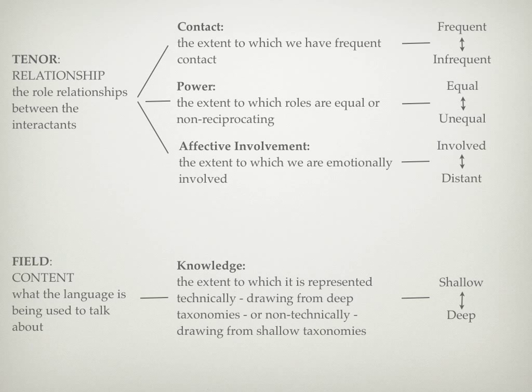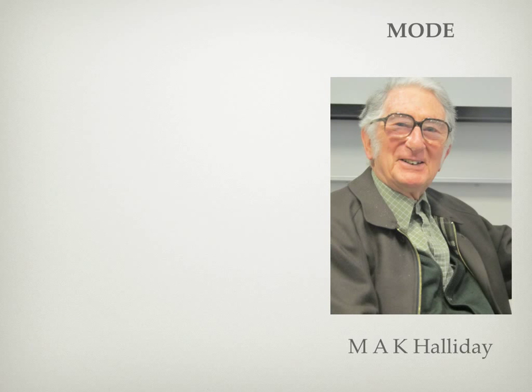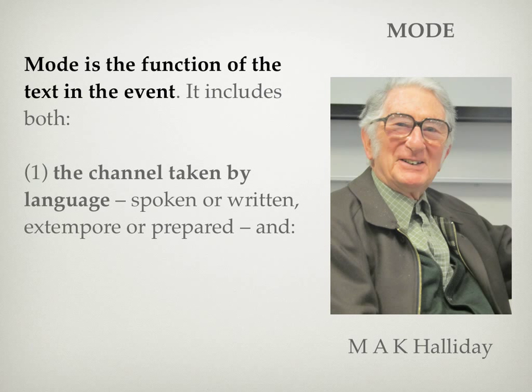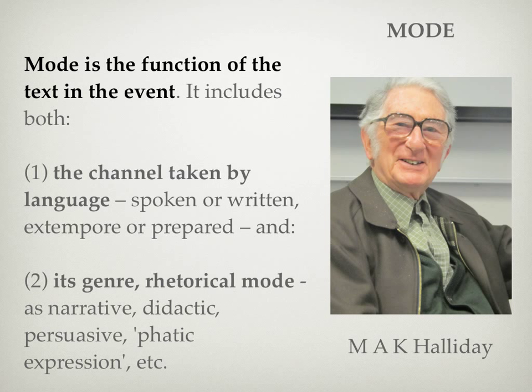This notion of event, social event, is critical for understanding the third aspect of register. And let's get to that now. Mode. Mode is the function of the text in the event, and it includes both the channel taken by language, spoken or written, extempore or prepared, and its genre or rhetorical mode.